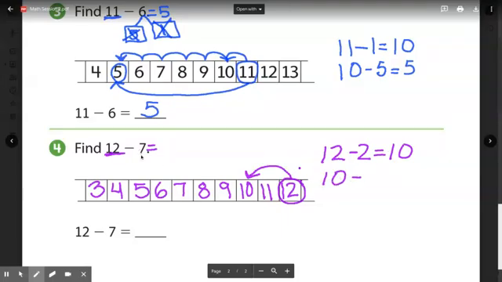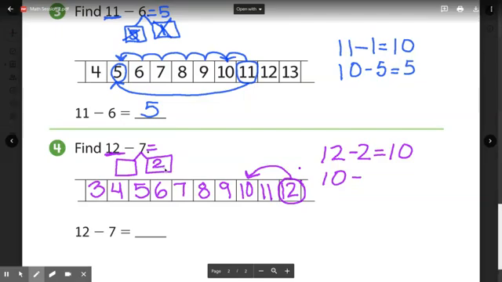So let's go and make our number bond. Always try to make your number bond circles or squares big enough so you can read what's in them, because if you can't read what's in them, that's when you start making mistakes. So I've already subtracted 2.